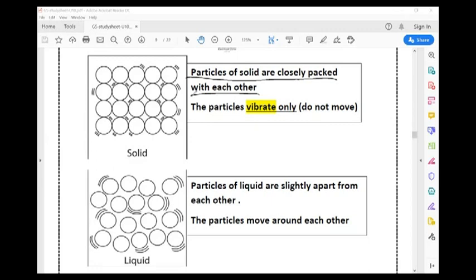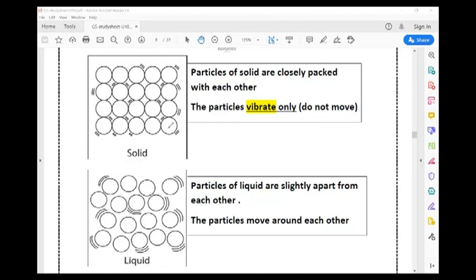They are very close together like this. The movement of the solid particles is described as vibration only. Vibration means the particles move in the same place, vibrating in the same place.